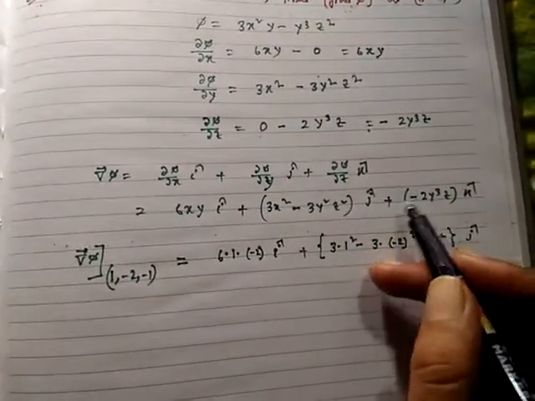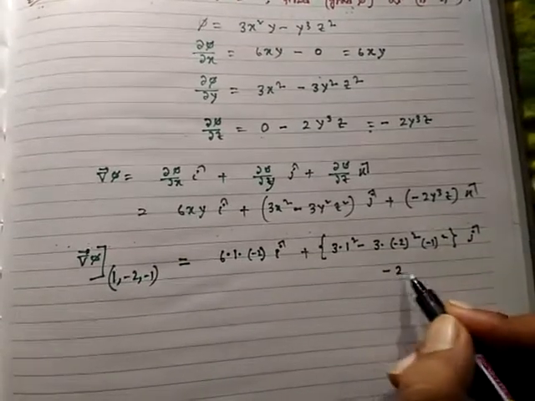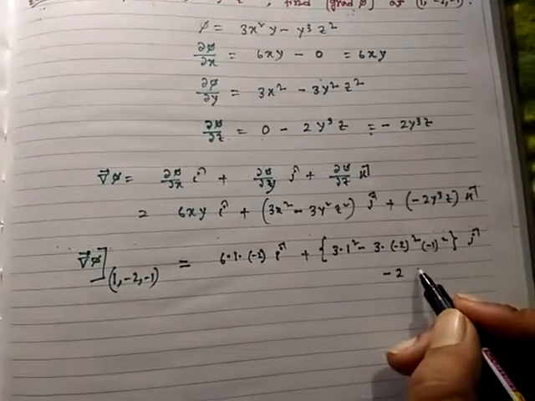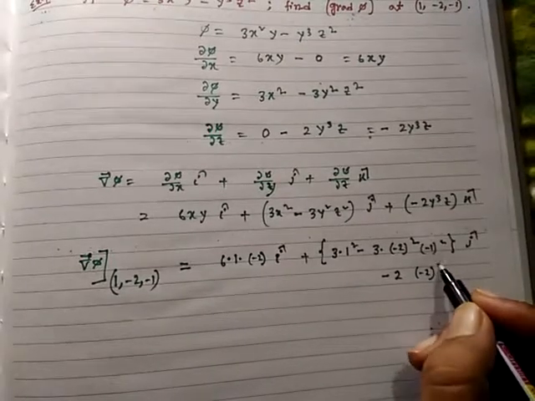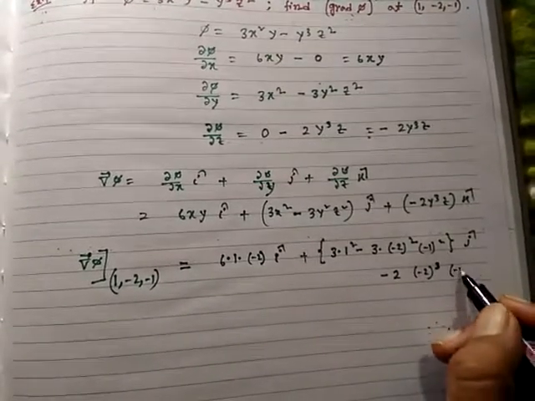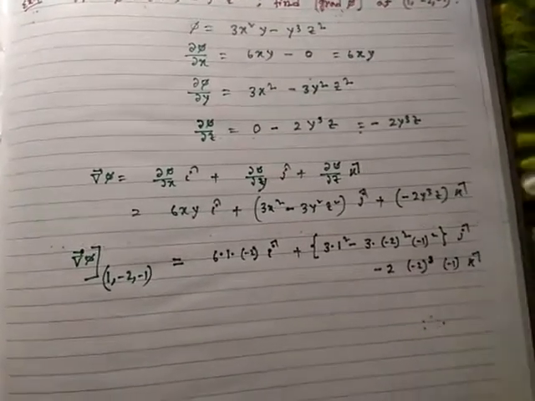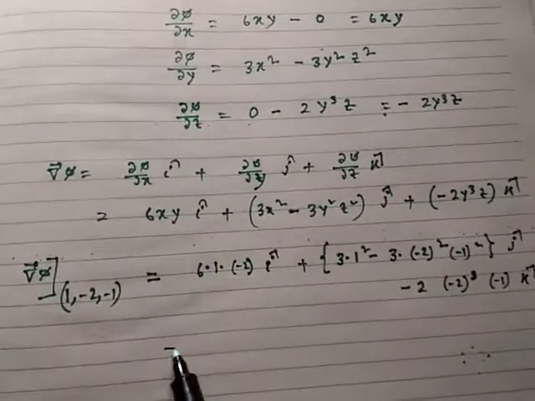If we take this minus out of the bracket, then minus 2 into minus 2 whole cube into minus 1 k hat.